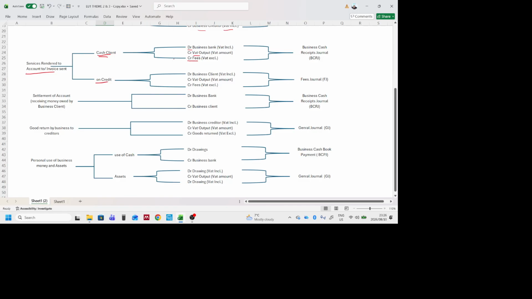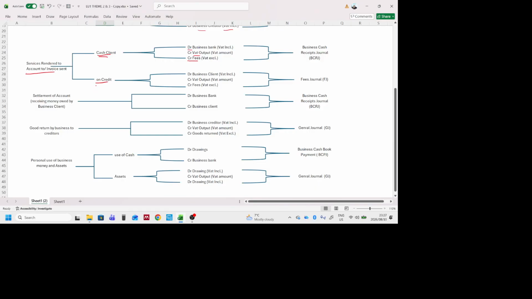So after you render a service to a cash customer, when you debit your business bank, make sure that the amount is including VAT, and then credit the VAT amount to indicate that this is the amount that we charge this customer that we are going to pay over to SARS. And then also credit your fees to indicate your income that you have generated through rendering this service to this cash customer. Your fees will then be a VAT exclusive amount, which is the normal fees that are stated within your LPA Act that you are allowed to charge the customer.